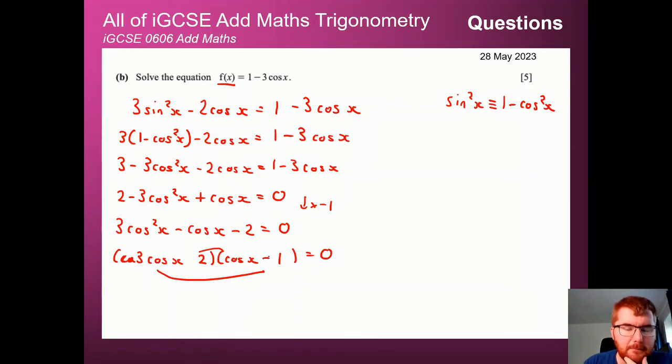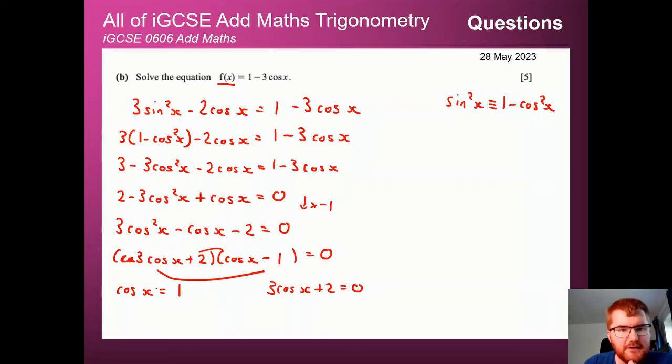So we pop in minus 1 here and plus 2, and double check: minus 3 cos x plus 2 cos x is minus cos x. Perfect. So therefore, cosine of x is either equal to 1 or 3 cosine of x plus 2 is equal to 0. So let's solve these two equations.